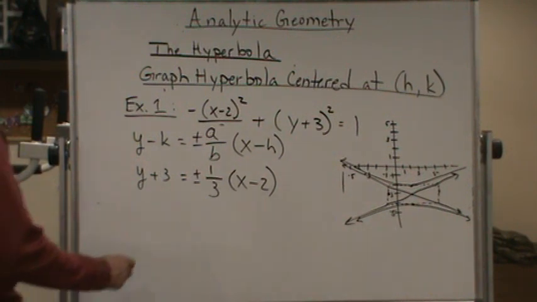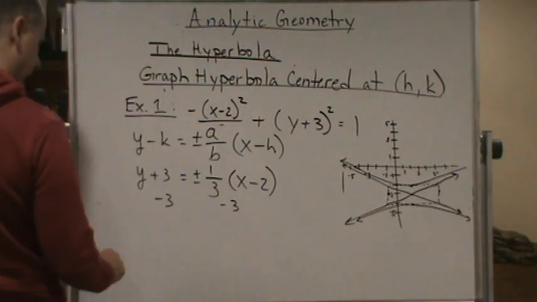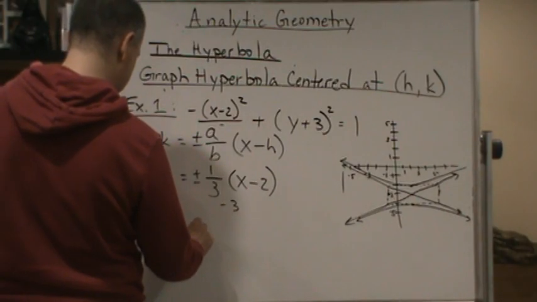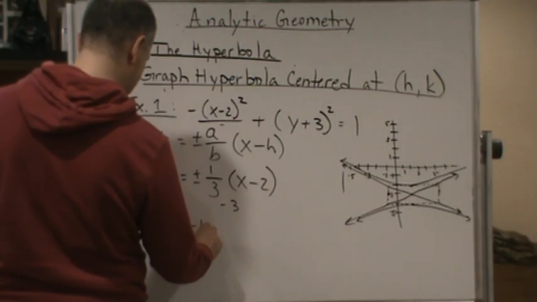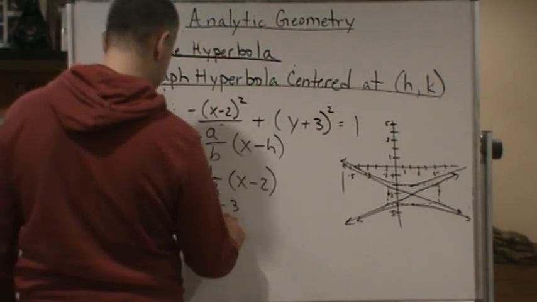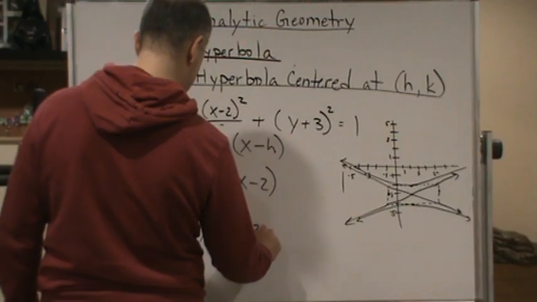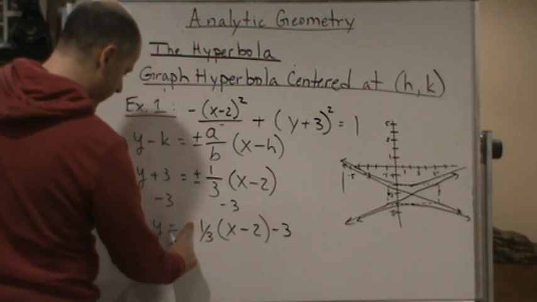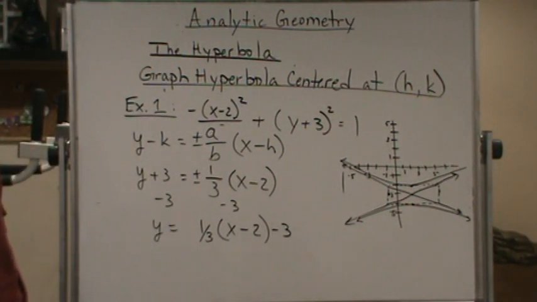Now, all we have to do is simplify this. So I'm going to subtract 3 from both sides, right? And that gives me y is equal to plus or minus 1/3 times x minus 2, minus 3. Okay? Now I'm going to do the plus here for a moment. We'll do the plus 1 and then we'll do the minus 1.